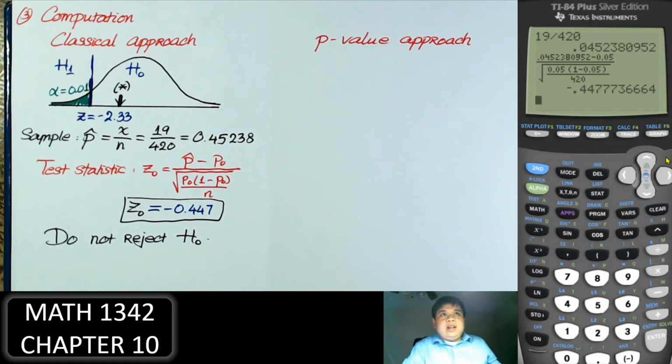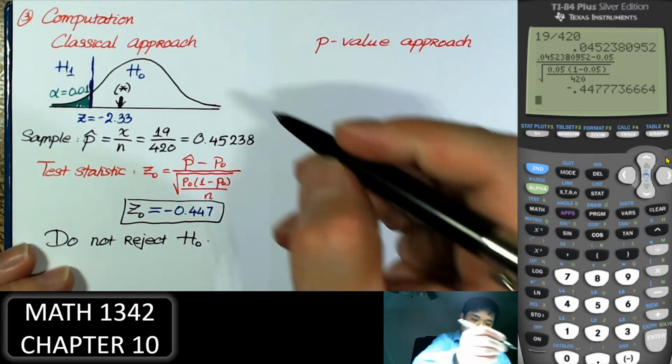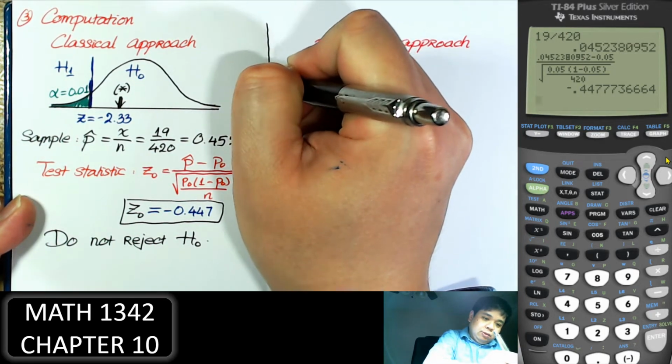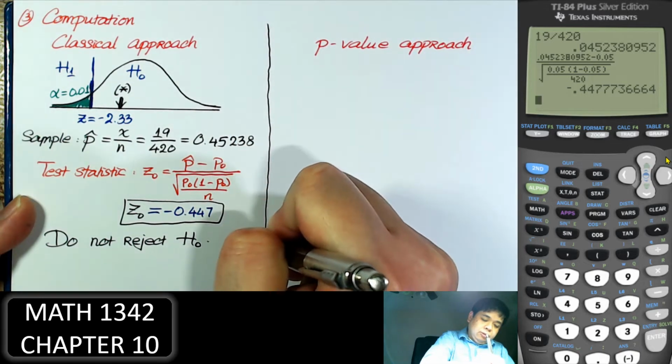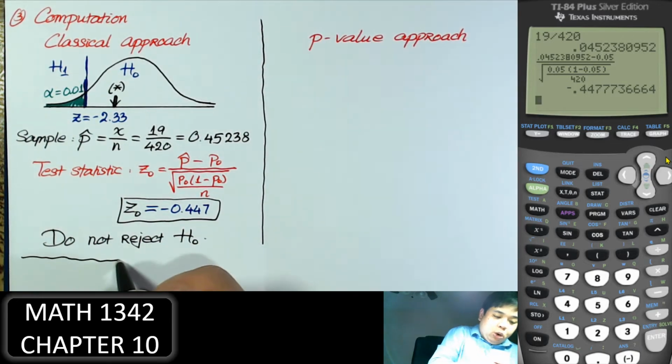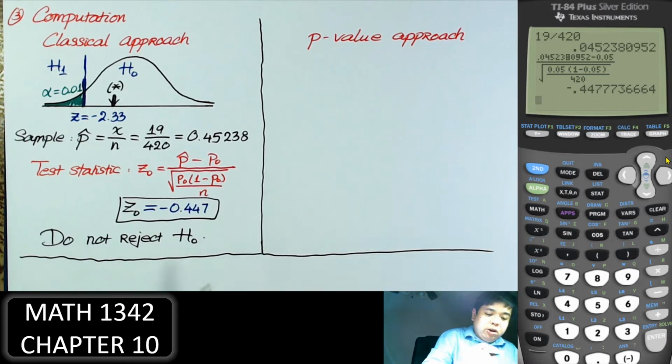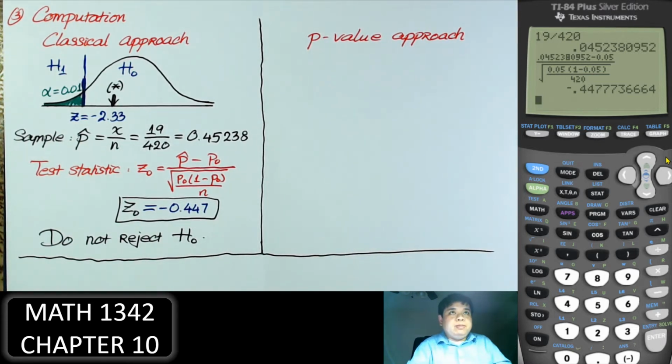So do not reject H naught. Right, so that is the classical approach. Of course, later on we'll write the conclusion, but that is the calculation for the classical approach.